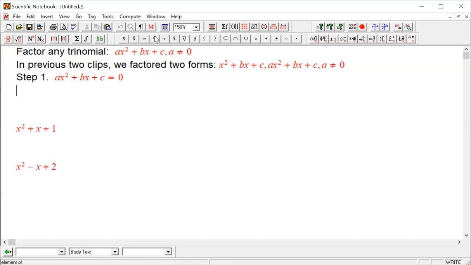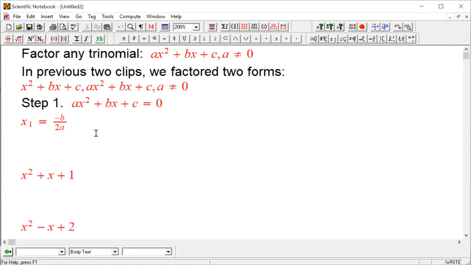So we're going to have x sub 1 equals negative b, let me make the font larger, minus the square root of b squared minus 4ac, all over 2a. This is the first solution to this quadratic equation.